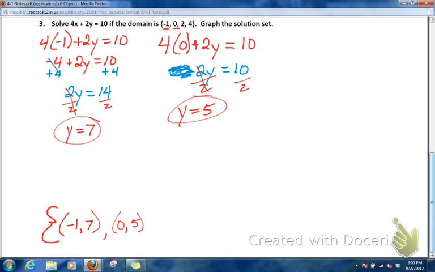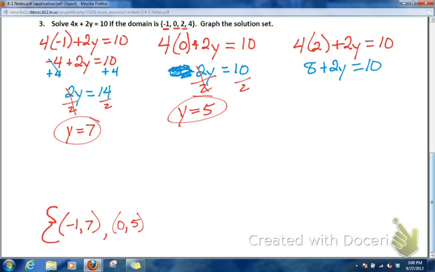Alright, now for a third time. Next x value is 2, so we're going to have 4 times 2 plus 2y equals 10. 4 times 2 is 8 plus 2y equals 10.